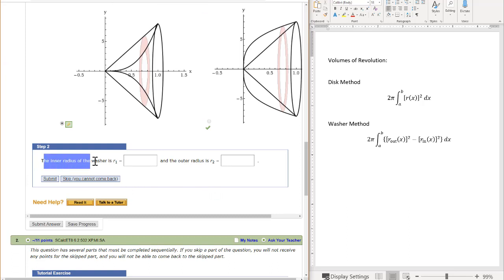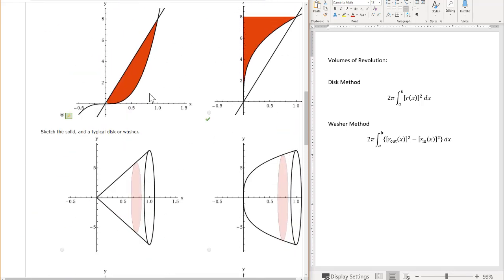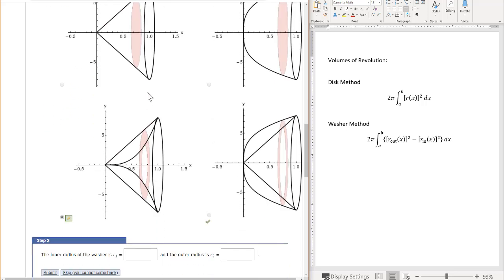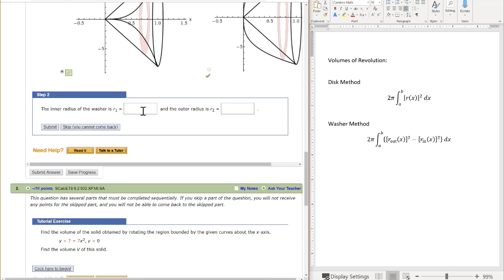Step 2, since this is a washer, we're going to have an R out and R in. The inner radius of the washer goes from the axis of rotation to the edge of the region. That's the cubic function, so the cubic function is going to be our inner radius.